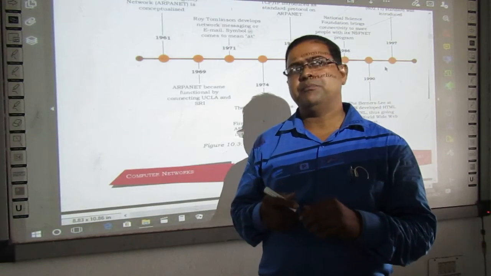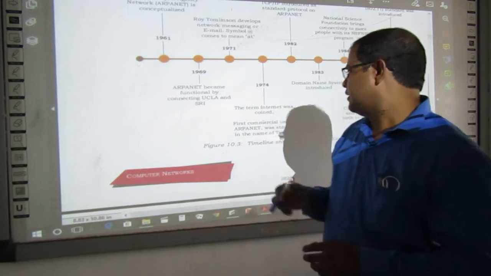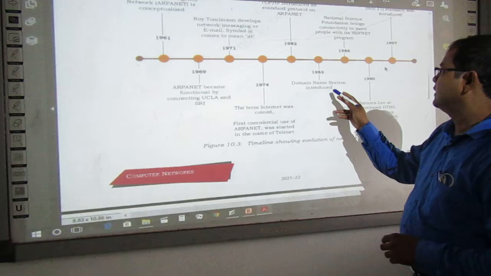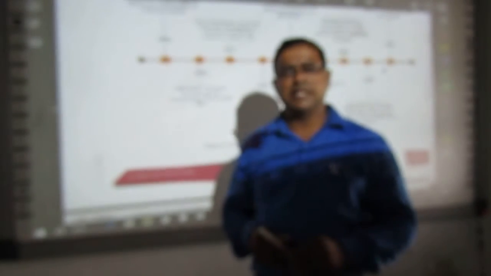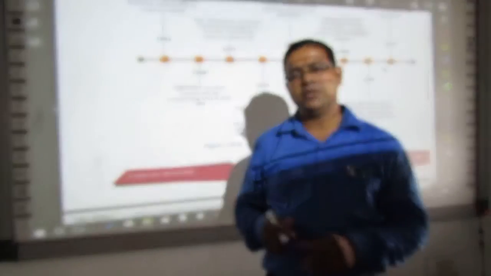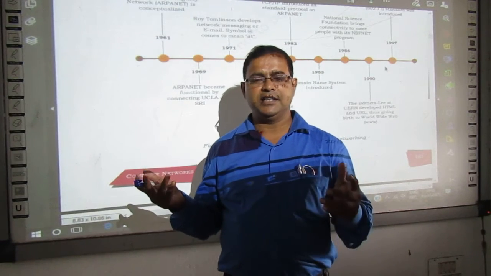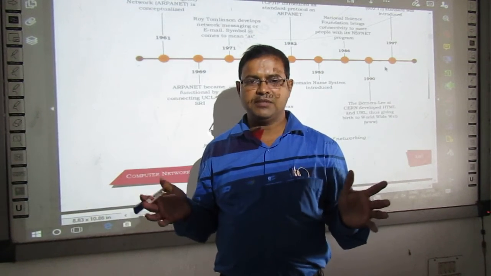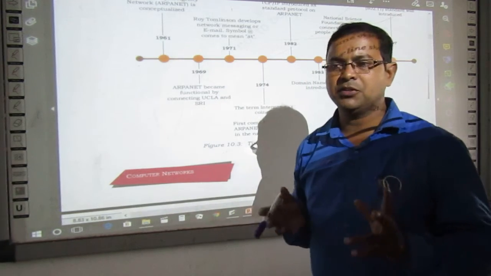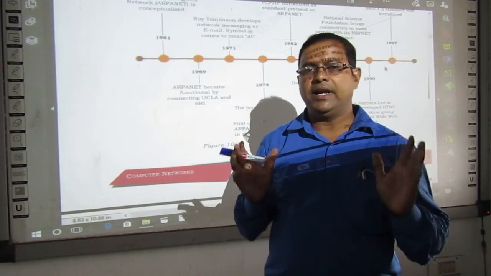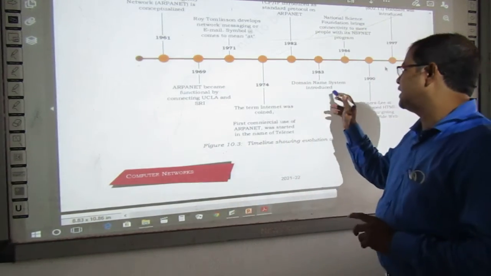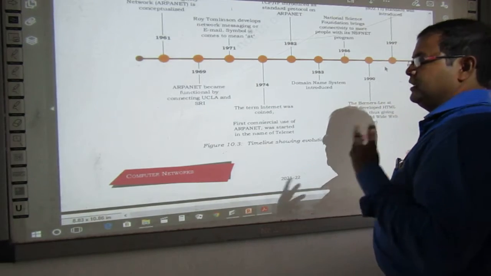But whenever I'm talking about the domain name system, it will be remembered as kbparadiport.kbs.ac.in, but its IP address is something else that we cannot remember. We can remember the website and web address, or domain name.